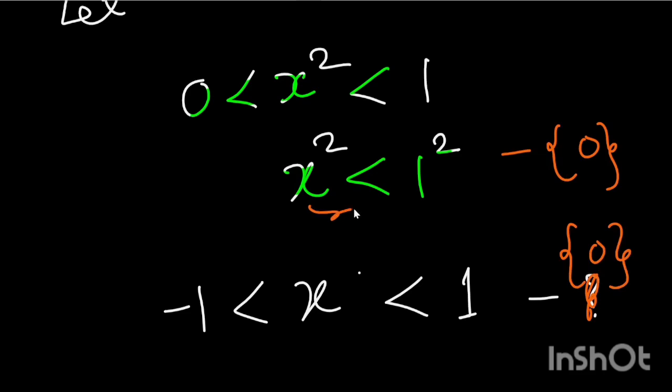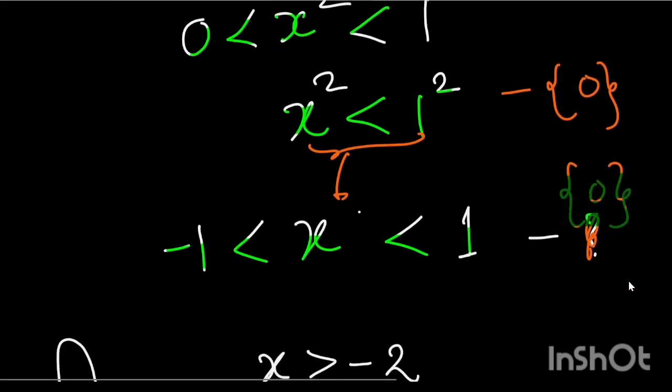X square less than 1 square, we know from inequality it is from minus 1 to 1. So 0 we need to exclude from minus 1 to 1. Now in order to find the domain of the equation, we need to take its intersection with x greater than minus 2, that is the argument part.